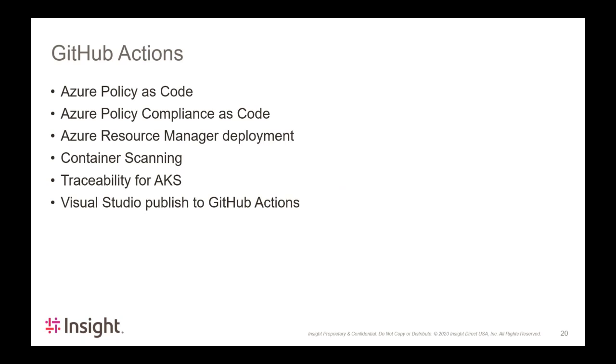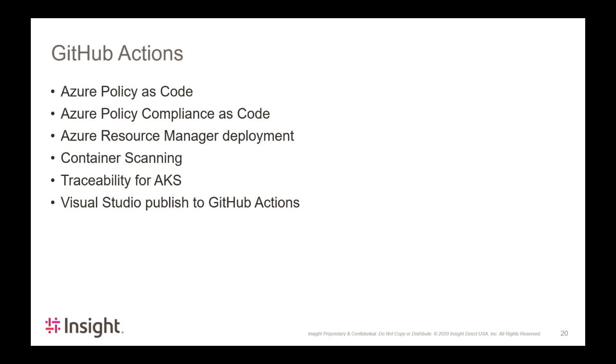In your pipeline, you can also do Azure Policy compliance checks and feed the result back to your next job, and you can deploy all the ARM templates in GitHub Actions. There is also container scanning, doing library dependency scans, so once you download some container definition from the internet and wonder whether it is secure, Microsoft will do that for you in the container scans, with traceability for AKS as well.